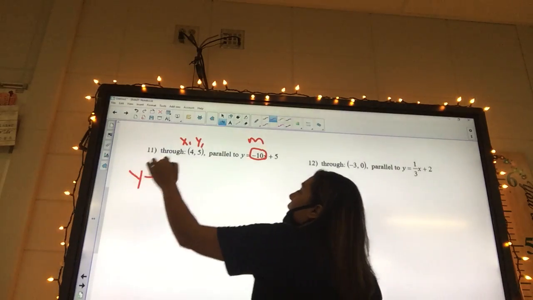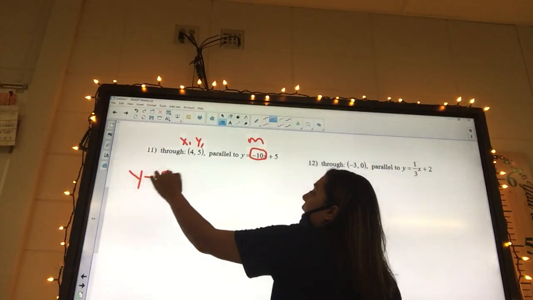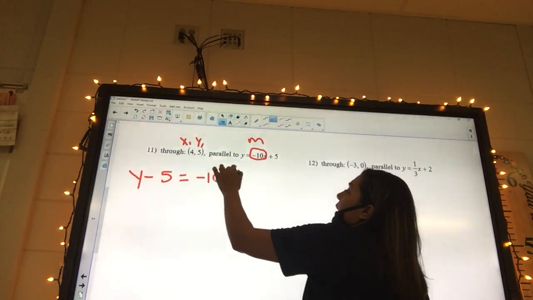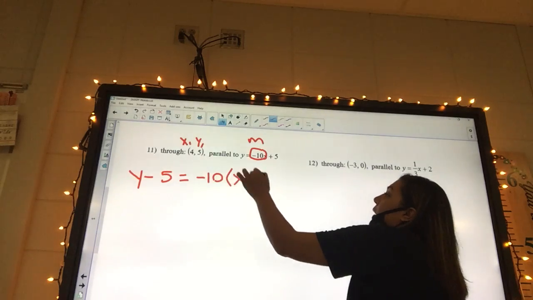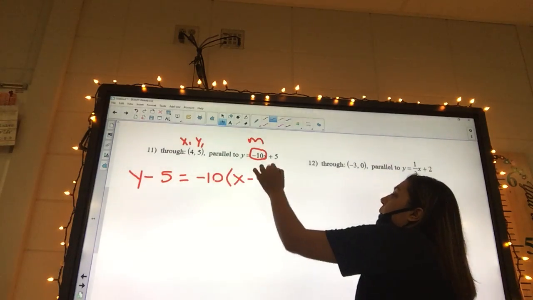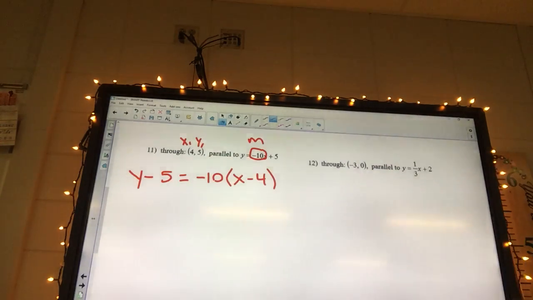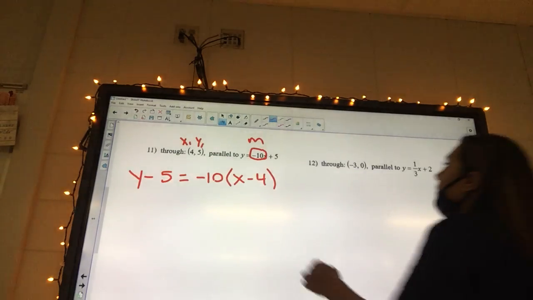Okay, y minus y1 is 5. My m is negative 10. Boys, quiet. X minus my x1 is 4. Okay, are we finished or no? No. Why do you think no? Because you gotta get y by itself. Yeah, we're trying to get y by itself. So we need to distribute.